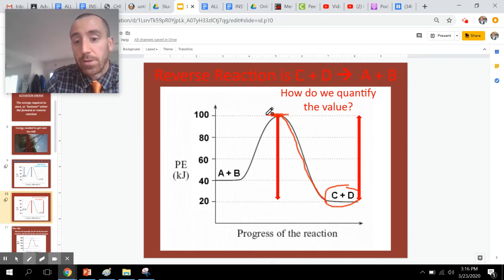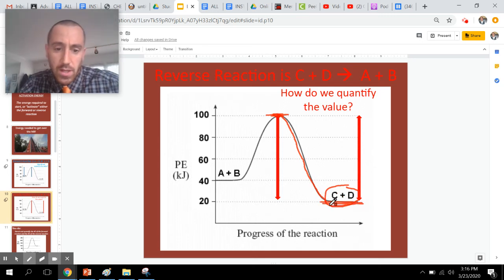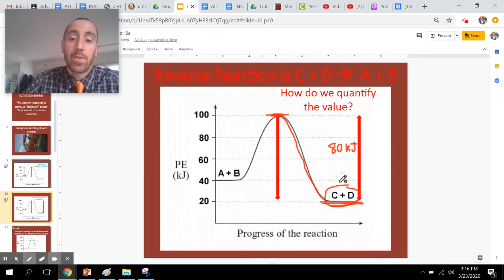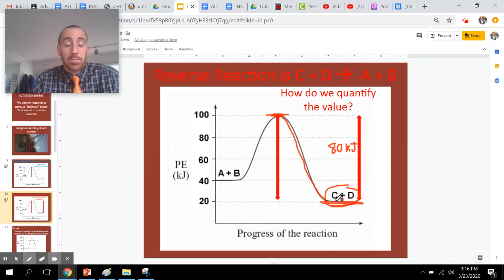Well, I got to get up to 100, but now I'm starting with 20, so I need 80 kilojoules of energy to get over the hump. So if I give this 80 kilojoules or more, I've given the reverse reaction enough energy to go. If I don't give it 80 kilojoules, then the reverse reaction will not happen, and I'll just be left with products, my C plus D, and they will not go back into A plus B.